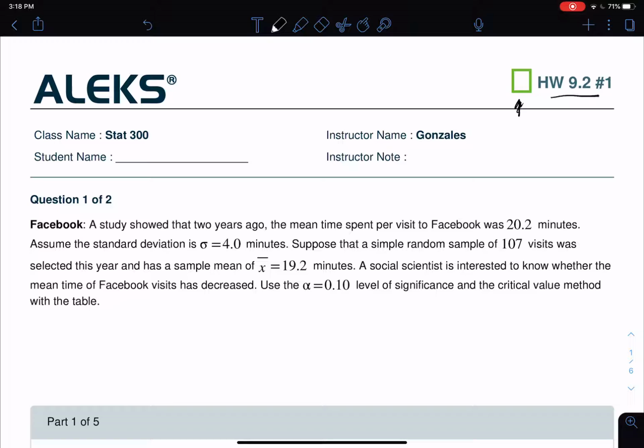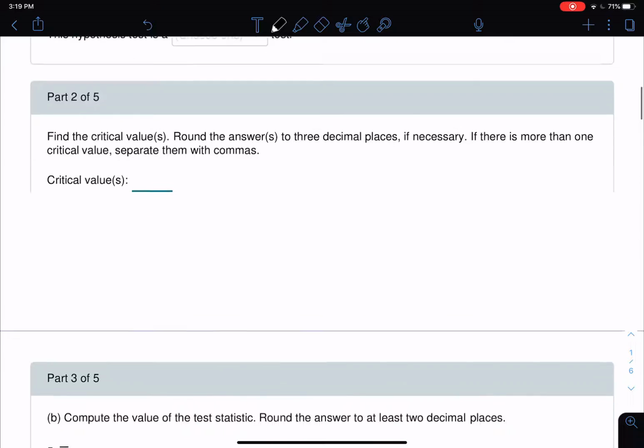Homework problems 9.2. Now in 9.2, we're getting into hypothesis testing, and some of the tools we're going to need for this.